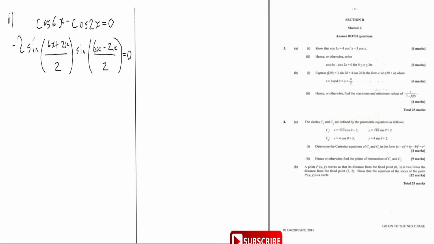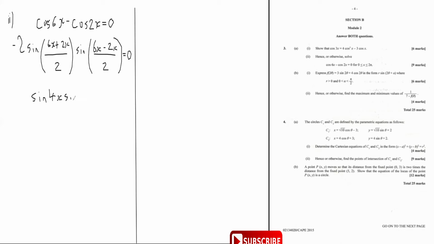Nice and easy. So now what we're getting is, if we divide through by minus 2, the sine of 6x plus 2x is 8x, and 8x over 2 is 4x. That becomes the sine of 4x. Then 6x minus 2x is 4x, and 4x over 2 is 2x.